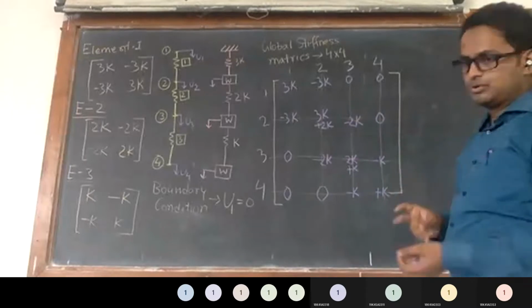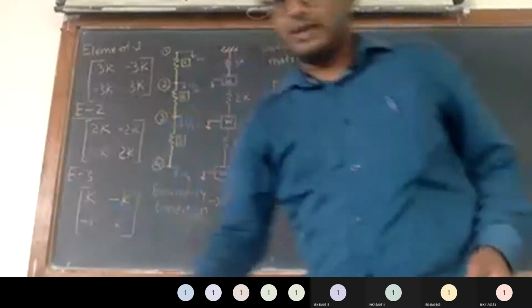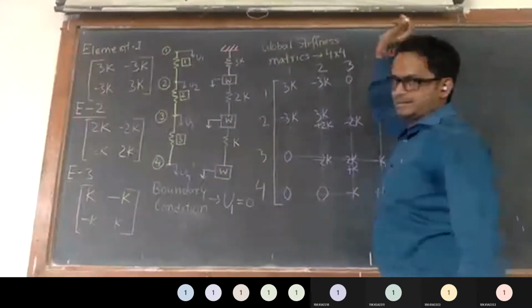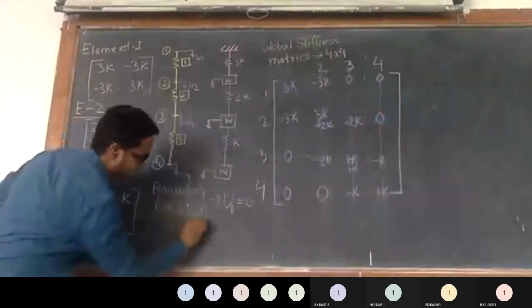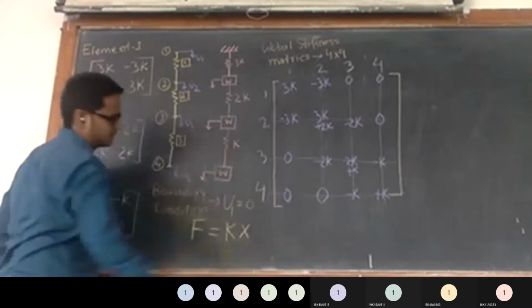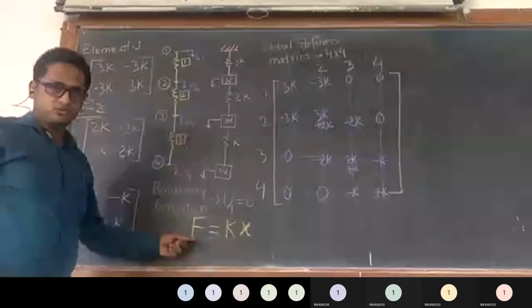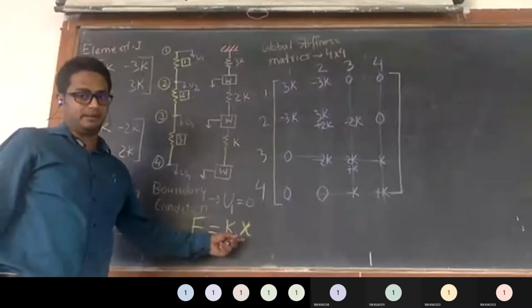Or if you remember the first, what we have written, that simple equation F equals K into X. You all know that. I will write here F equals K into X, where F is your force, K is the stiffness matrix, X is your displacement.